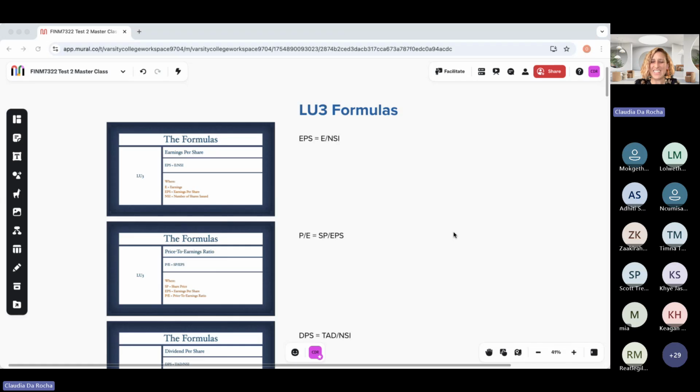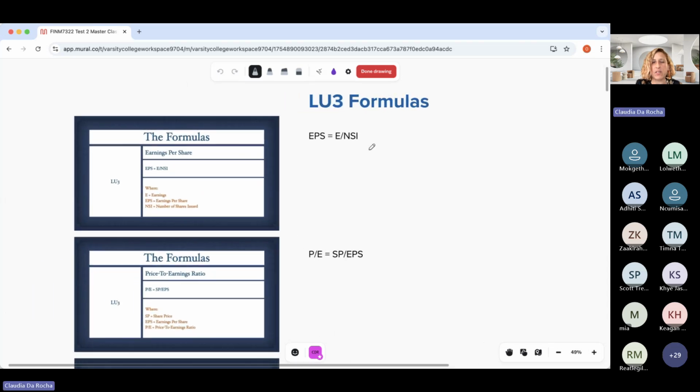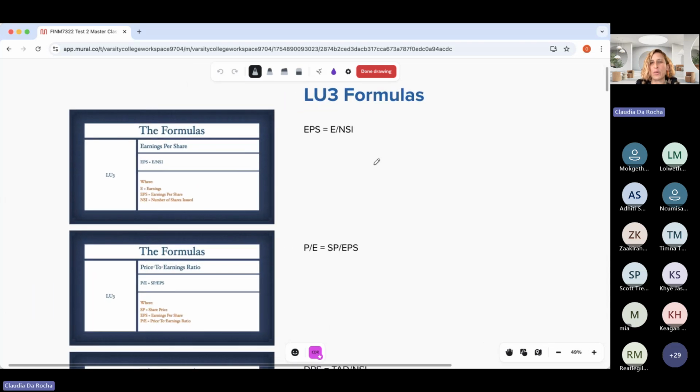Right, so let's go through the formulas. I cannot reiterate enough how important it is to know these for Learning Unit 3. Unfortunately, Learning Unit 3 is not the nicest learning unit. The formulas are pretty basic, as in it's earnings per share, price earnings, things you've seen before, but the way that it's asked and what you need to do can always be tricky.